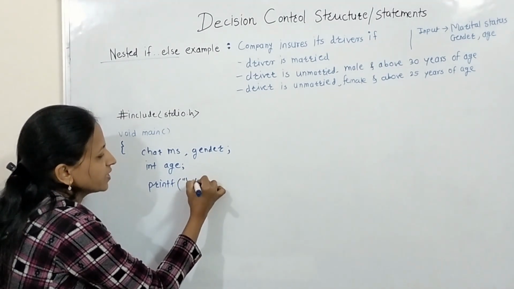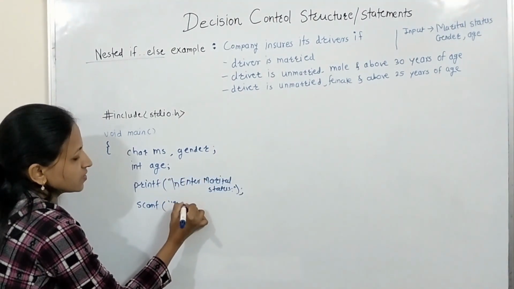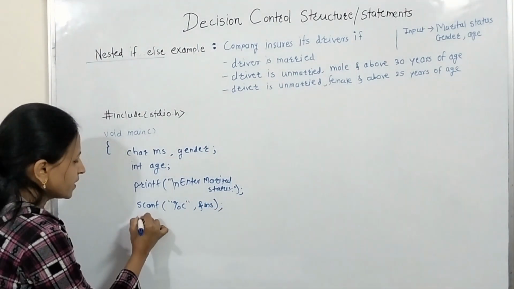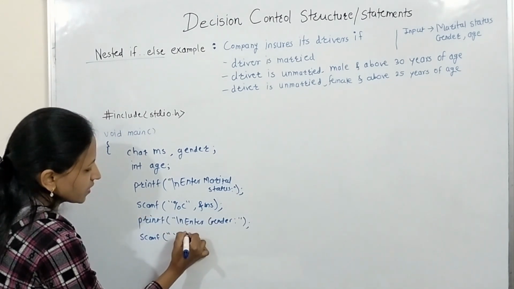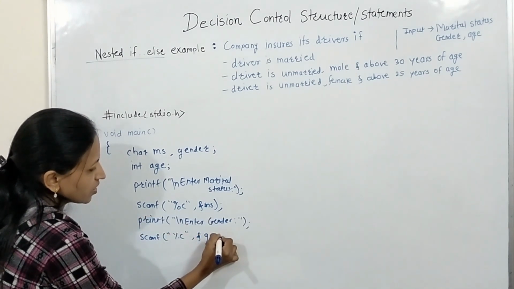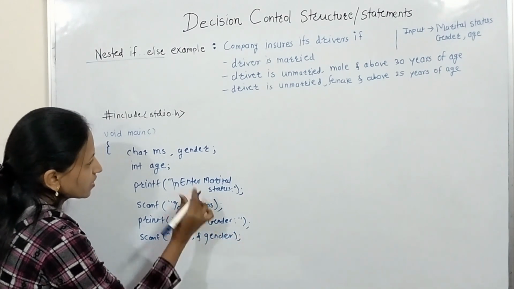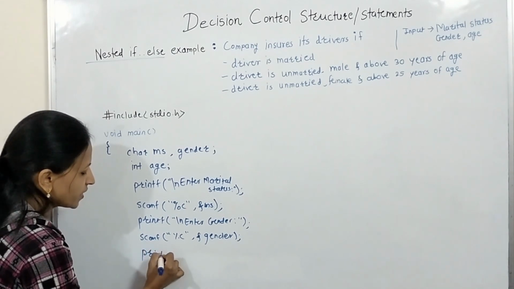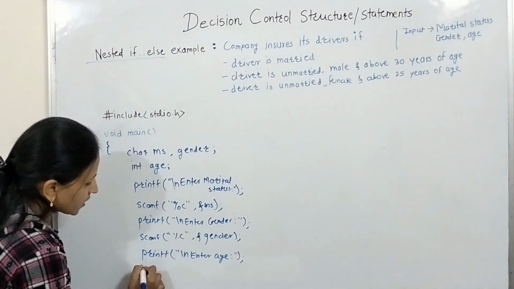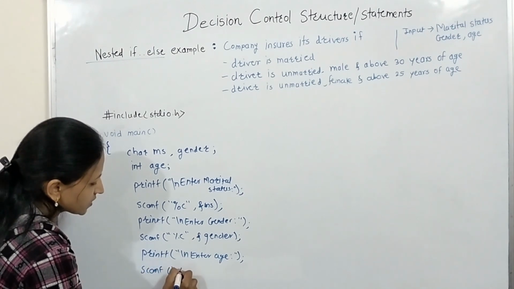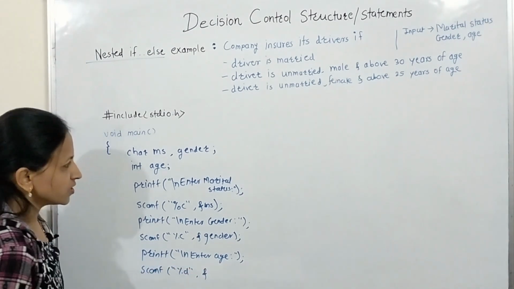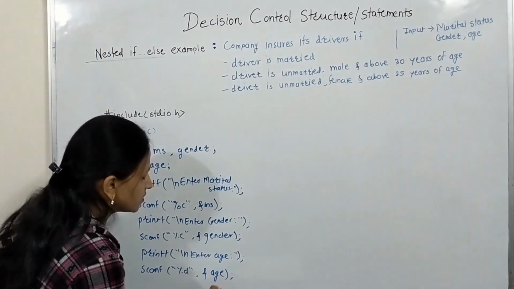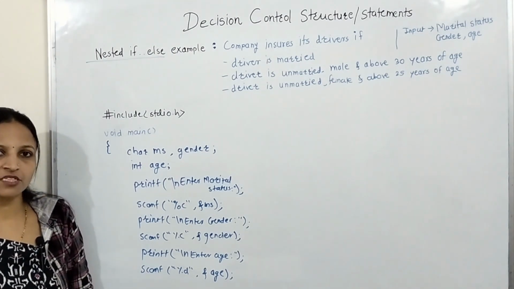Printf, newline, enter marital status, and here it is a character, so scanf with %c and ampersand MS. Next, printf and scanf %c again with ampersand, for the gender variable we declared; we can also declare g for that. And the last one is age: printf enter age, and in scanf %d, because it is an integer, and just put ampersand age. This is how we have accepted all the information from the user.